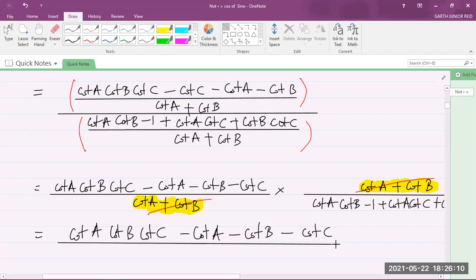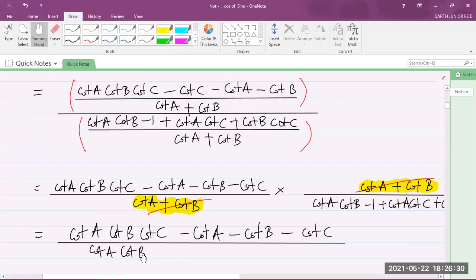And I'm going to now divide that by cot A cot B minus 1 plus... let me put the minus 1 last.